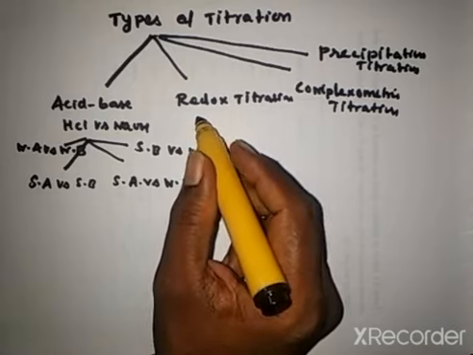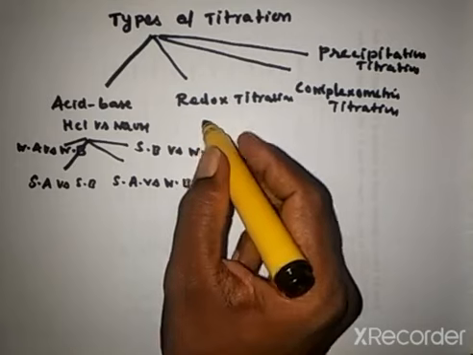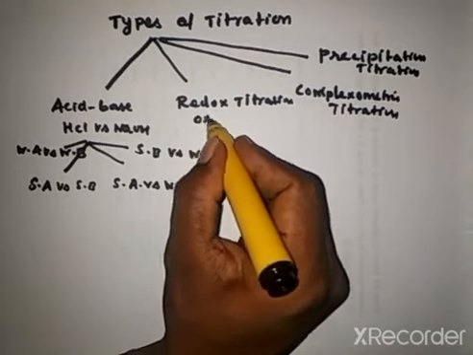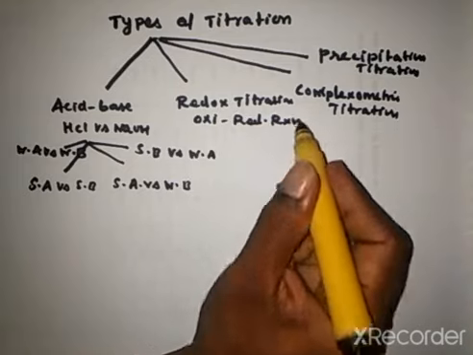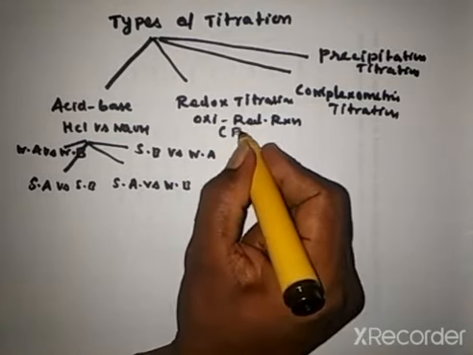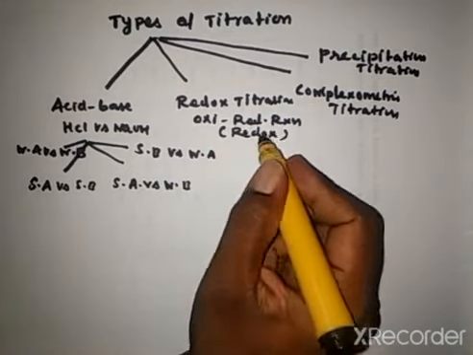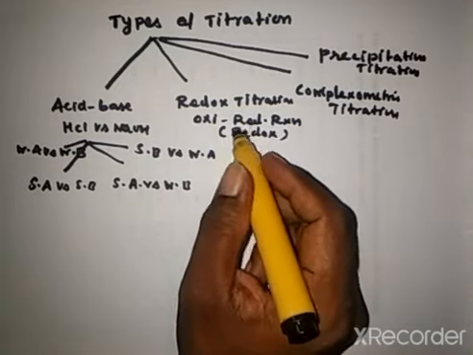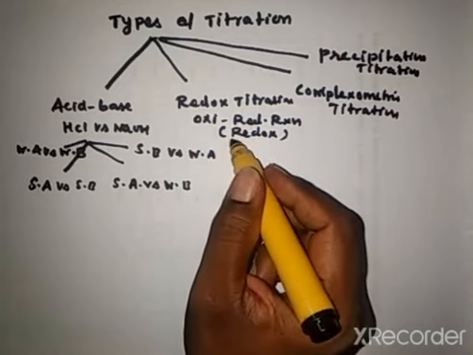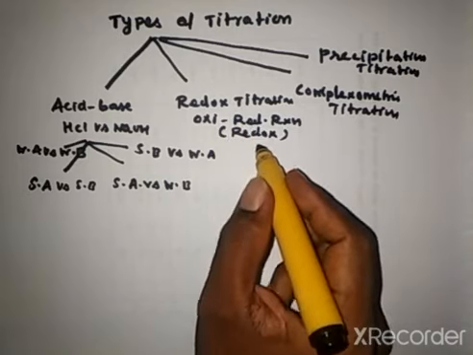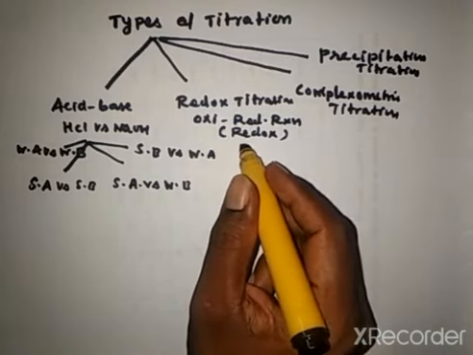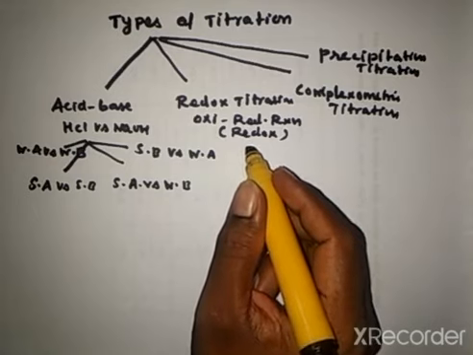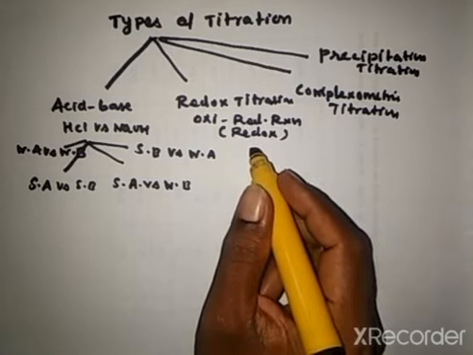In this titration, oxidation reduction reaction takes place, which means a redox reaction occurs in these redox titrations. For example, redox titration between potassium permanganate versus potassium dichromate.